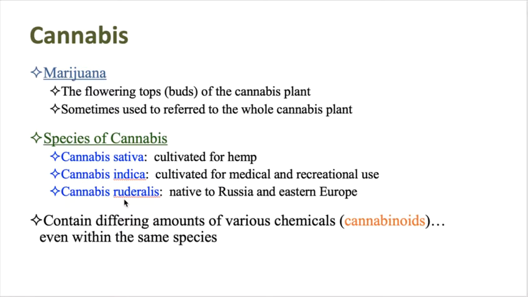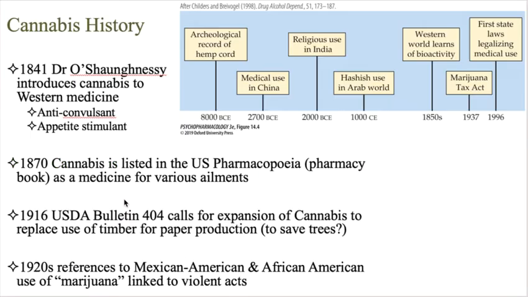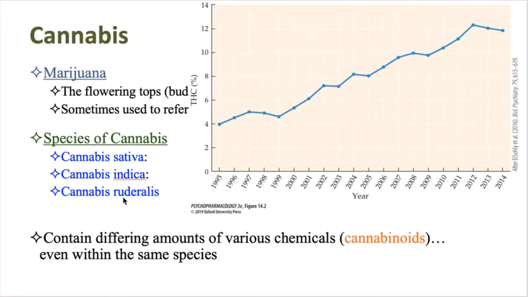But the three are THC, CBD, and CBN. Cannabidiol and cannabinol are the latter two, and THC is delta-9 tetrahydrocannabinol. But even within the same species, you can end up with very different amounts of THC.